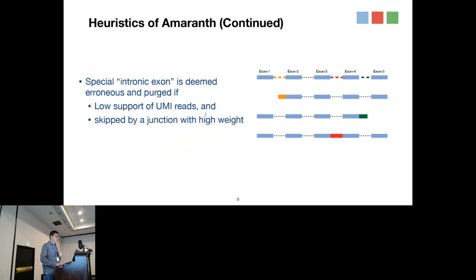So we designed a very simple heuristic: if such an intronic exon is not supported by any UMI read, and the corresponding junction, like this one, has higher coverage than this intronic exon, then we simply remove it. So that's all the heuristics, and you can see they are quite ad hoc and simple.